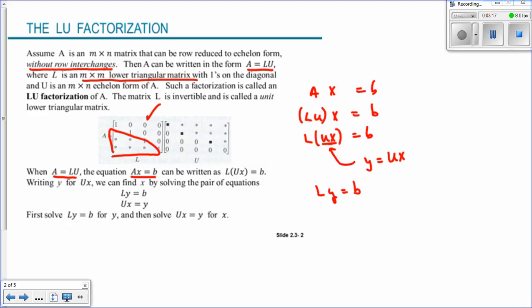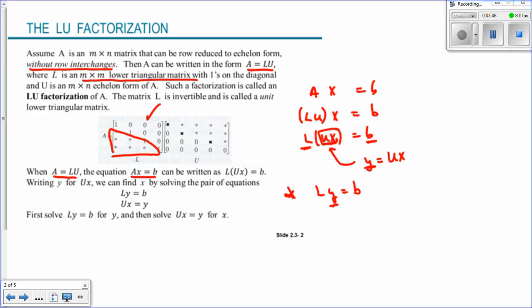So we're just replacing the Ux here with the vector y. So solve this first, because we've got the b here, and we have the L matrix, and we're going to find the vector y that satisfies that equation just by solving a system of equations. This is really easy because L is lower triangular, and I'll demonstrate that in a minute. But because you've got the lower triangular matrix, Ly = b is very easy to do even by hand.